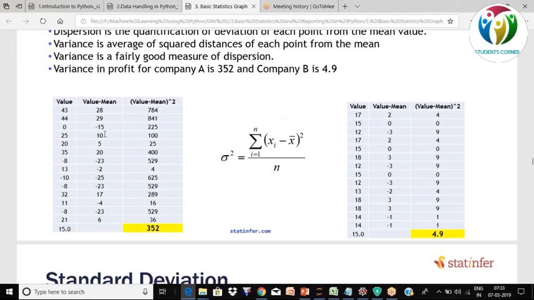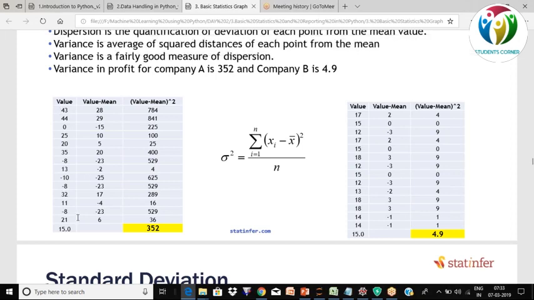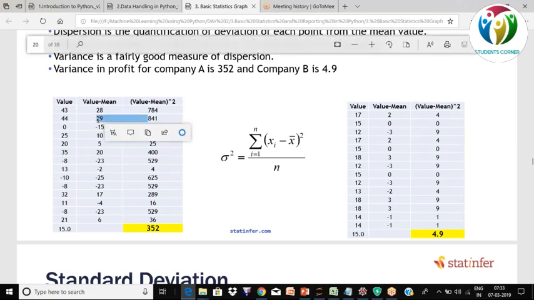What we have to understand first is how this 28 came. Every value we have to subtract from the mean of this column. The mean of this column is 15, right? So 43 minus 15 is 28, 44 minus 15 is 29, 0 minus 15 is minus 15.